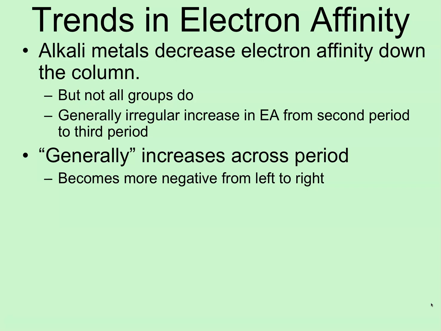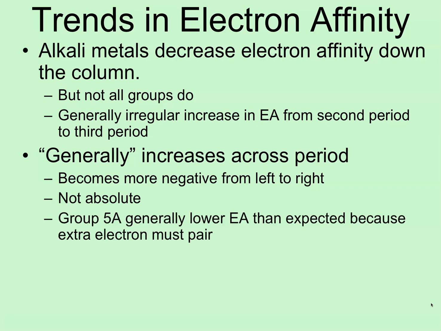We become more negative left to right. But again, it's not absolute, since you can see generally is in quotation marks, so it's a general trend, not an absolute trend. Nothing seems to be absolute in the world of chemistry these days, or ever, so we just kind of go with it.